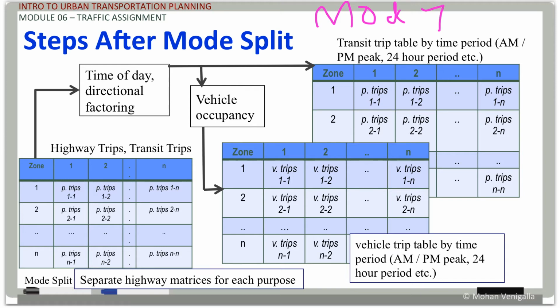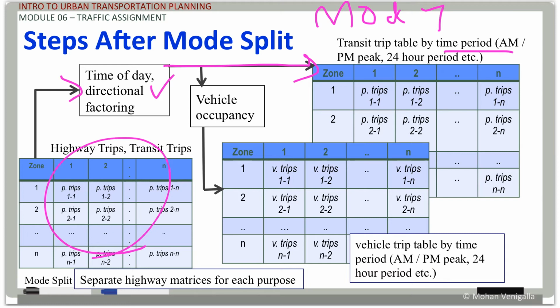Now, this part is the output of mode split, and you funnel it through the process called time of day and directional factoring. I'll just give you a gist of it. We won't cover it totally, and that directly goes as an input to the transit trip table by time period.